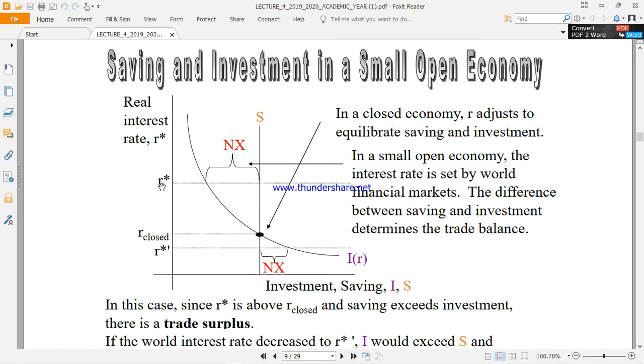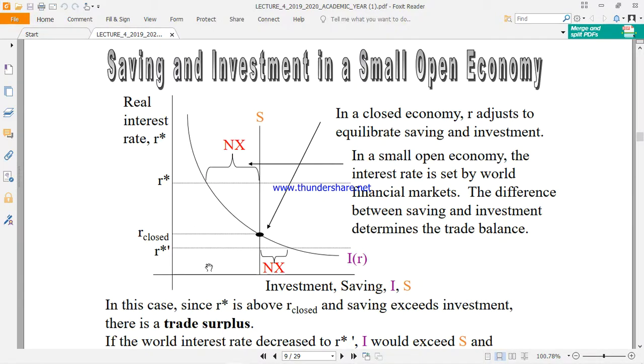So if the rate that the World Bank is charging is greater than the rate that we here in Zambia are charging, we understand that since we have opened our economy, the amount of investment that is demanded at that R star, the World Bank rate of interest, is just this level.